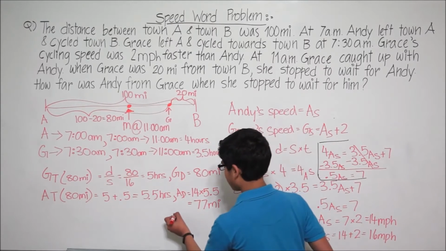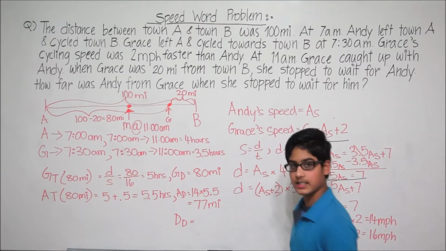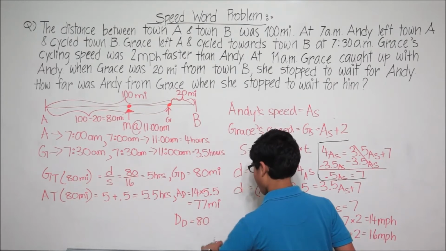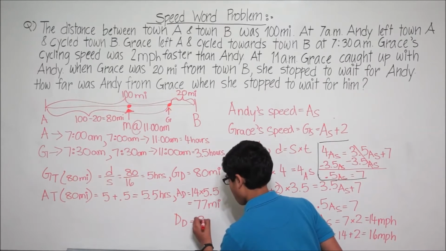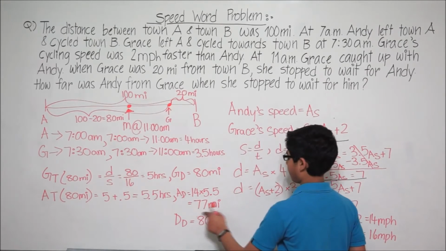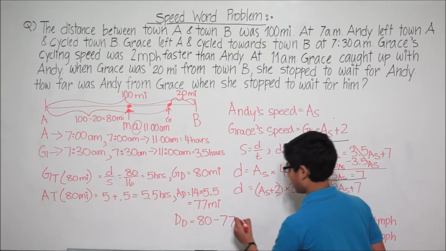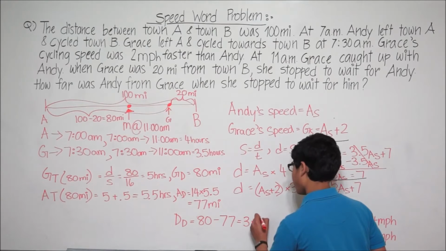So let's find the difference in the distance. So the difference in the distance is equal to 80 miles minus 77 miles, which is equal to 3 miles.